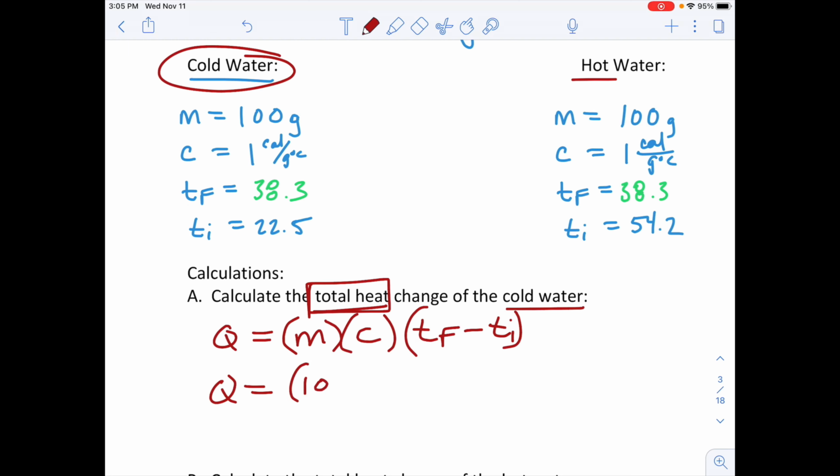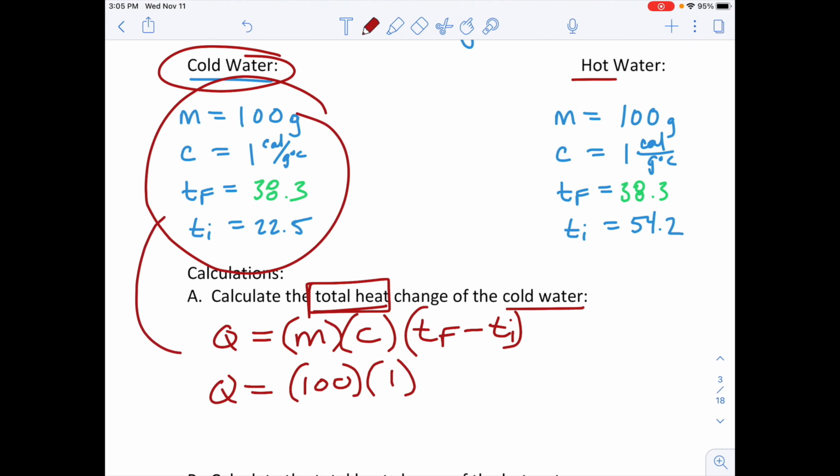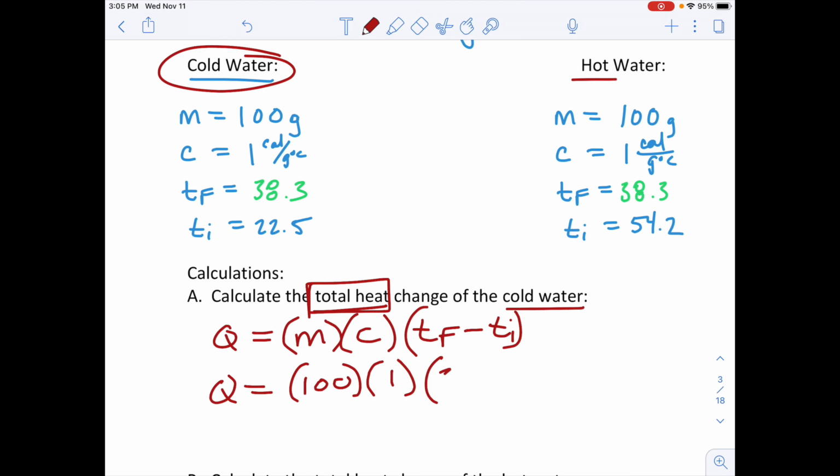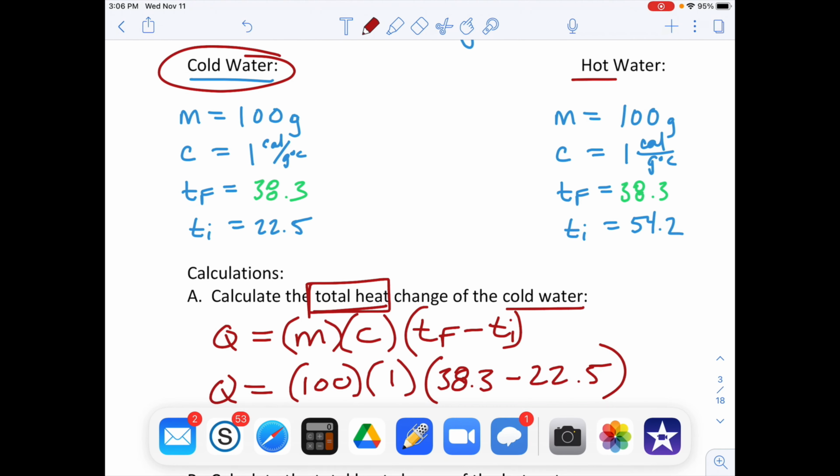We're given a mass of 100. We're given a C of 1. And again, I'm getting all that data from right here. T final 38.3. T initial 22.5. Pull out my trusty calculator.